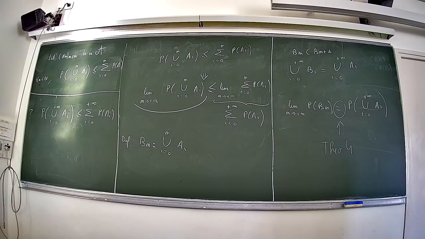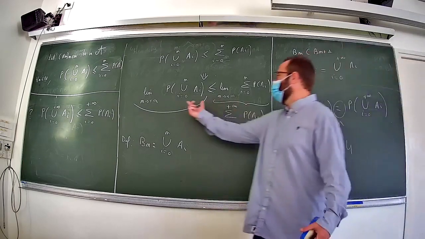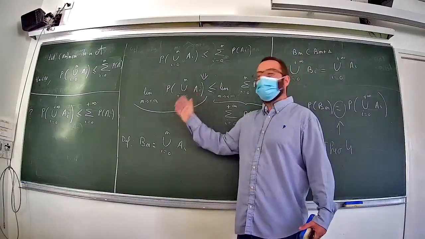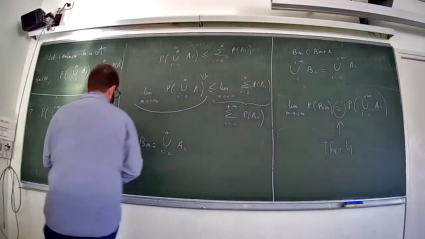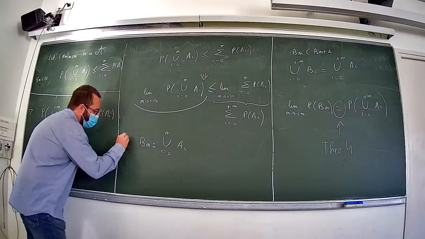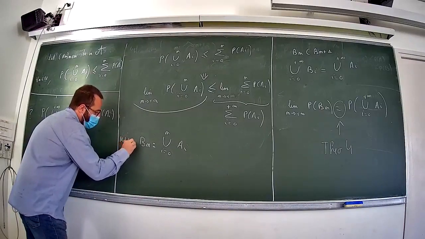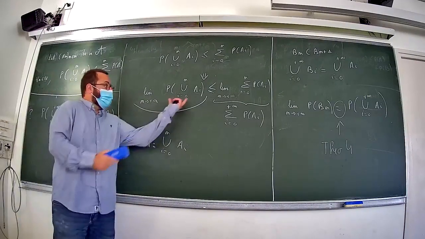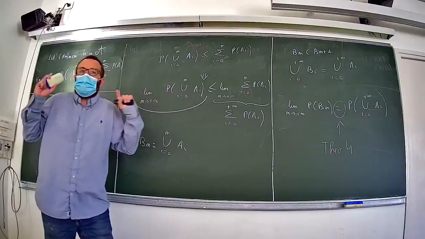By definition, why did we say Bn? No, I just give a name to this one. It's more than a definition, if you want, it's a notation I take. I have this set, I give it a name. I have the right to give a name.